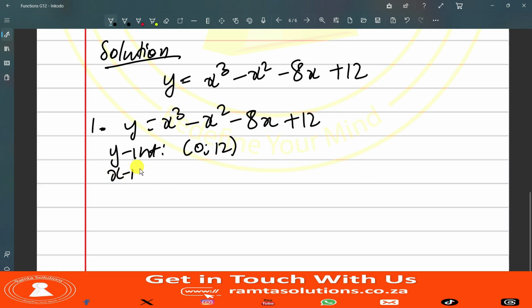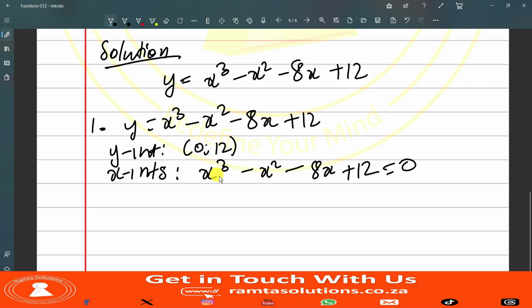Now let's get the x-intercept. We know that when y is 0, x cubed minus x squared minus 8x plus 12 must be equal to 0.